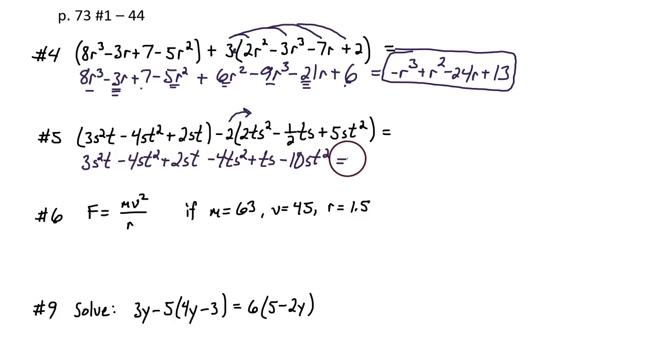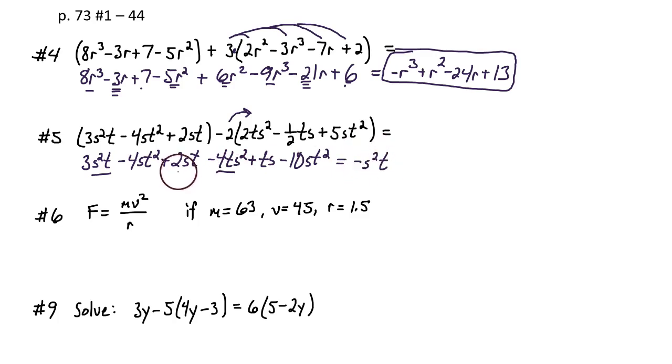Now do the combining like terms. If we focus on the letter s and look for the term with the highest degree in s, that would be the 3s squared t, and over here there is a minus 4 ts squared. S squared t is the same thing as ts squared. So 3 minus 4 is negative 1 s squared t.